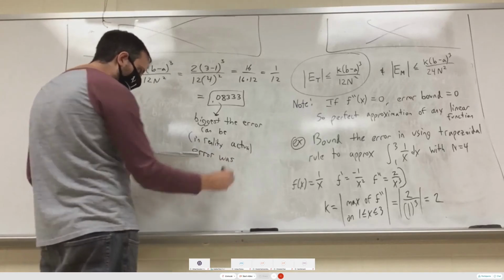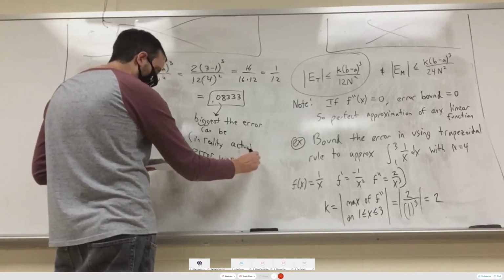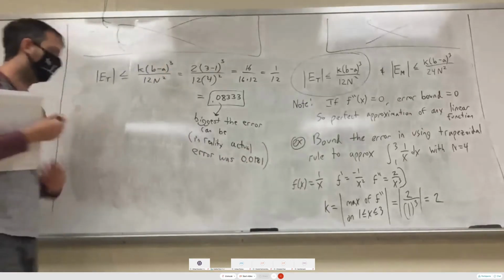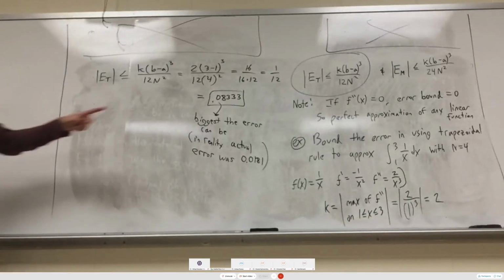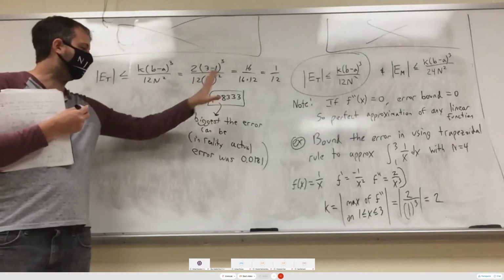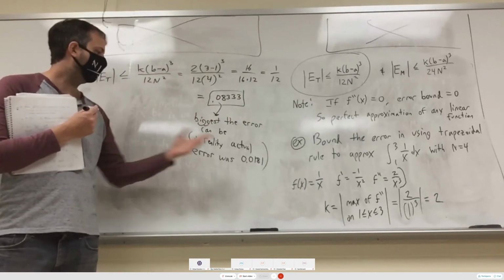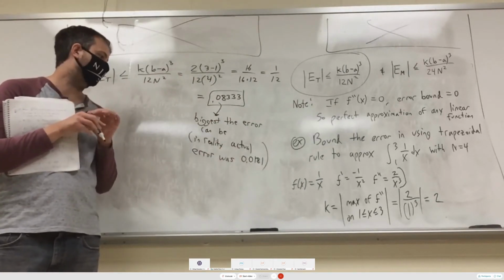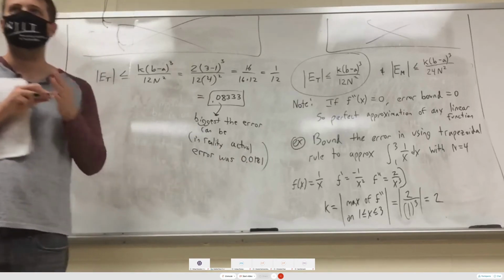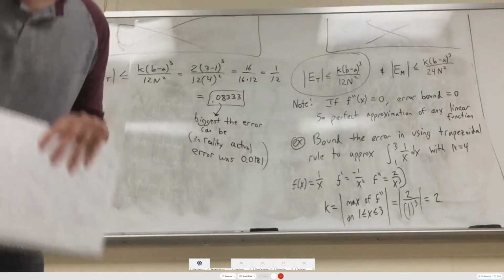The actual error was 0.0181, which is obviously quite a bit better, right? If I told you without knowing anything, look, I'm potentially off by plus or minus 0.08, and in the end I ended up being off by less than 0.02. But that's what an error bound is, just the worst case scenario.